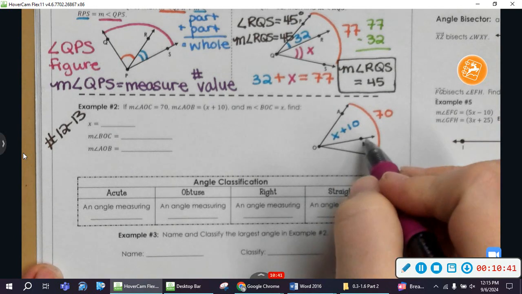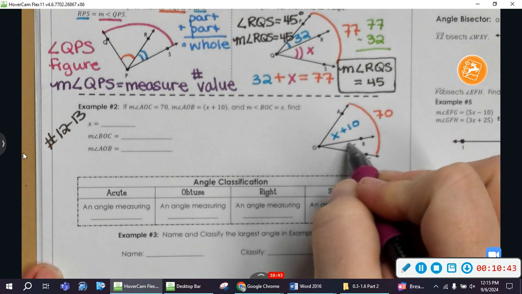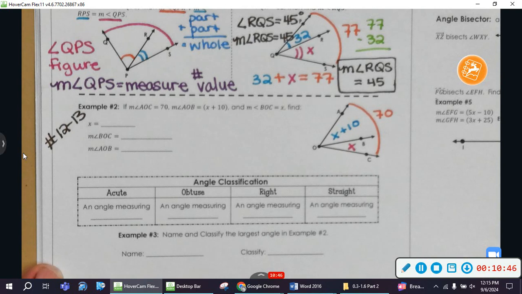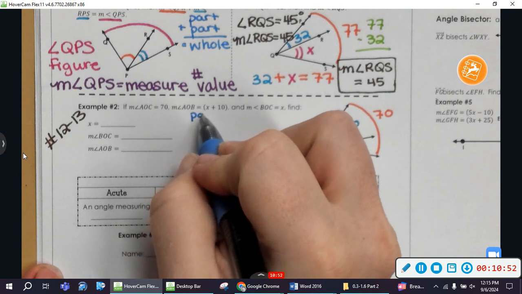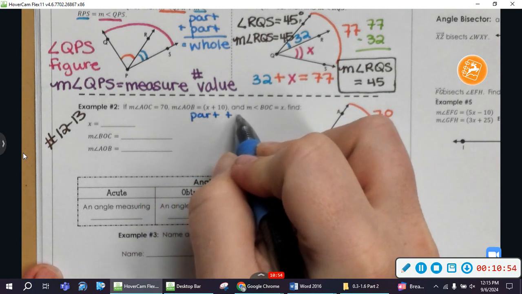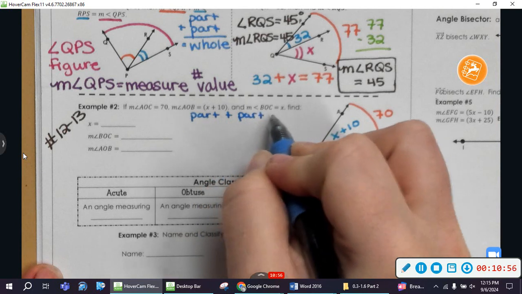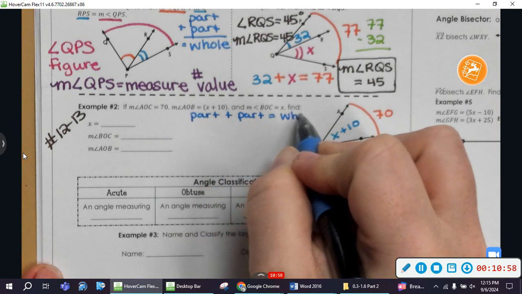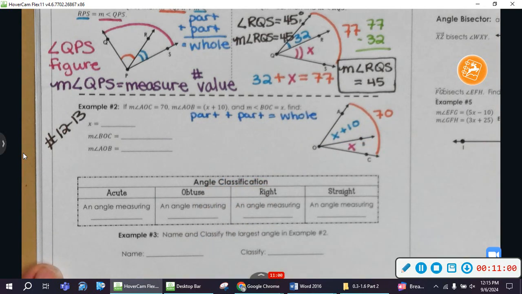And BOC is x. So following the rule from earlier, we said part plus part equals whole. So for geometry, we're no longer given the equation. We have to come up with it ourselves.